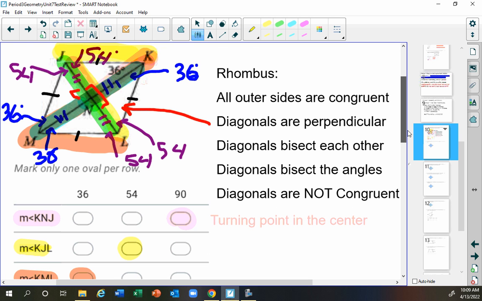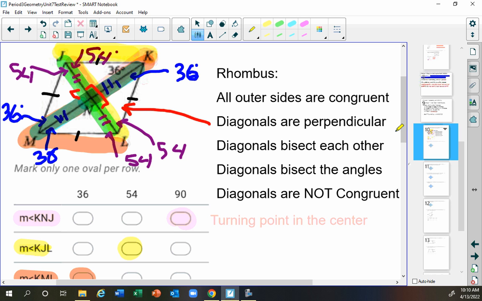All right. Now, I don't know if I'm going to do this on the test. I might not, but there may be a point where I might say, you have to give me the angle measure of the outermost angle. I don't think I'm going to do that here, but who knows?